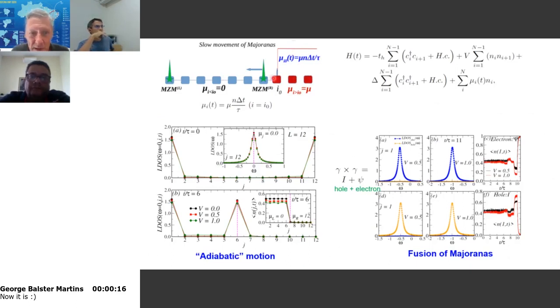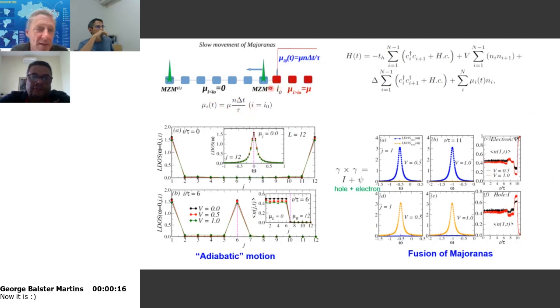The number of electrons in the red region is basically zero. So we are reducing the length of the chain, and the experimentalists do it with so-called gates, with just electric potentials, right?